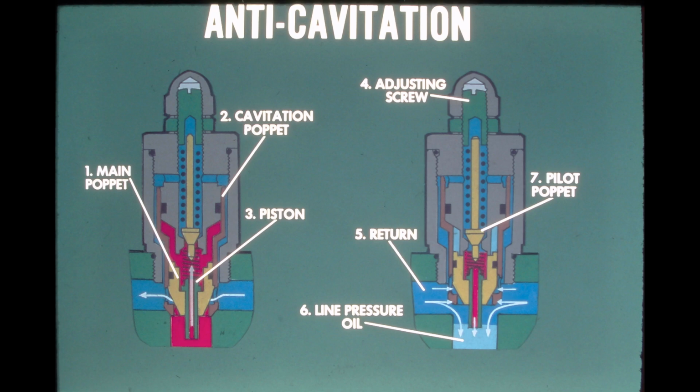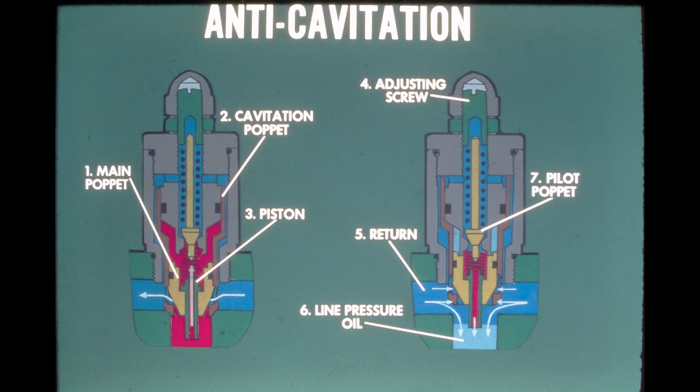It flows around the beveled area of the main poppet as it flows through the return passage to the reservoir. When return oil moves through the valve, it exerts pressure against the beveled area of the main poppet and cavitation poppet. The return oil passage is kept under pressure by the reservoir pressure relief valve.